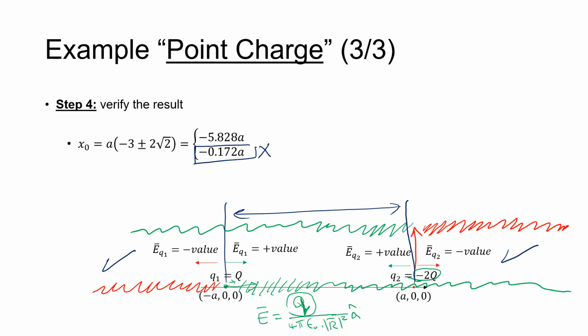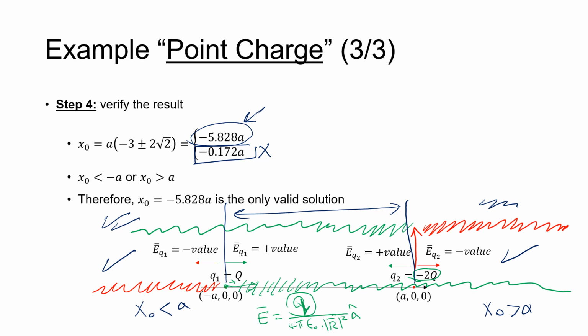Since we don't have any valid points here based on the result which we have achieved, this means the point should lie on this side, which is this one. This is just what I'm trying to describe. This is x naught more than a. This is x naught less than a. This is the region. And finally, we conclude that x naught should be minus 5.8a. This is all for today. Thank you.